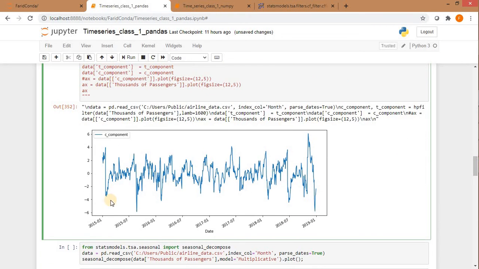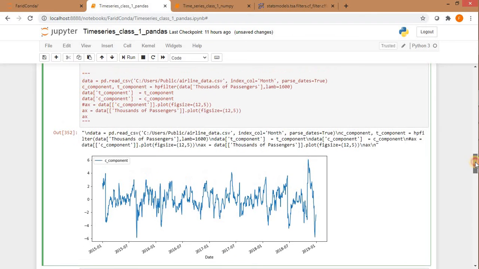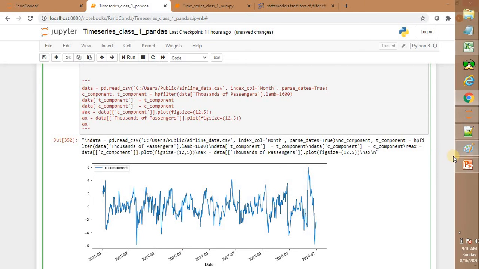See, here is the cyclic component. And it includes all the seasonality also extracted, and it put all the residual and the random noise, the total thing, in the cyclic component, and the rest is in the trend.